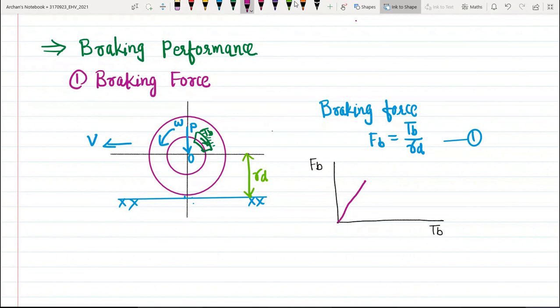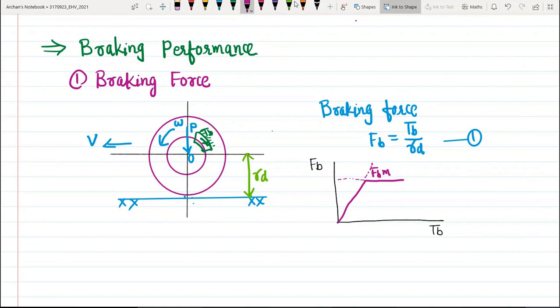Like this. But what will happen when braking torque reaches a certain value? After that, the braking force is not going to increase, although my braking torque is still increasing. So we will have some fixed value, and this is my maximum braking force.